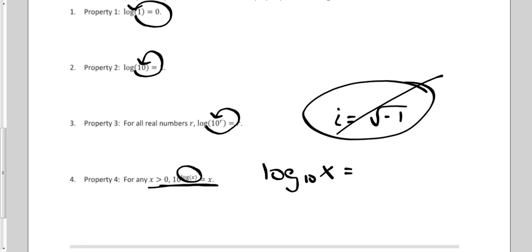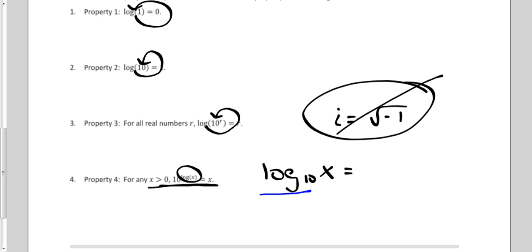How did I introduce the concept of logarithm? What question did I ask? What power of 10 gets me x?